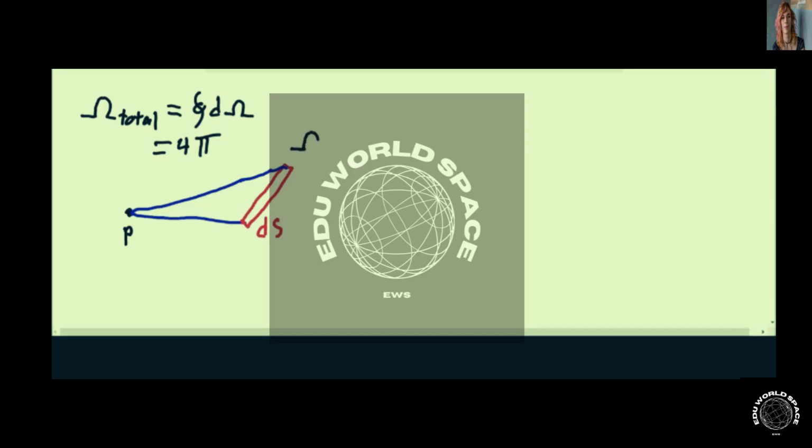However, solid angles are with respect to the perpendicular area over the radius squared.